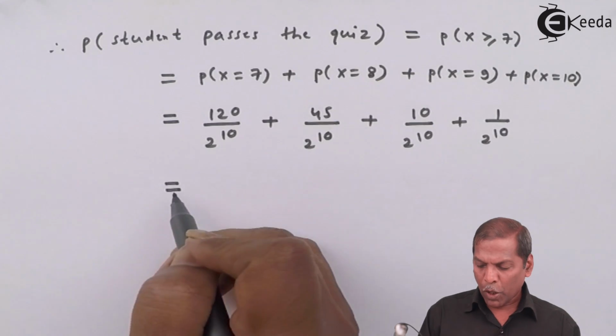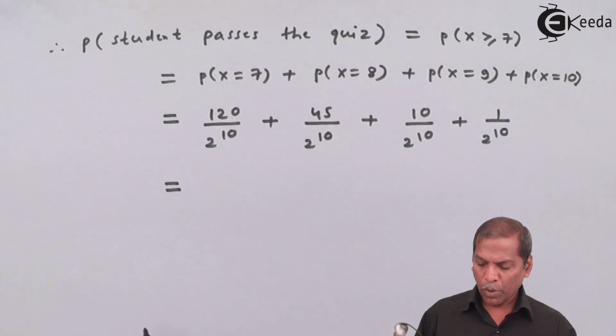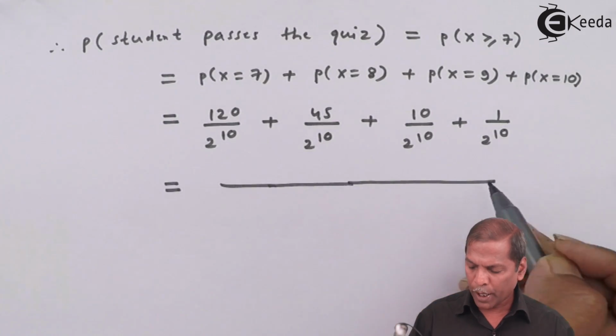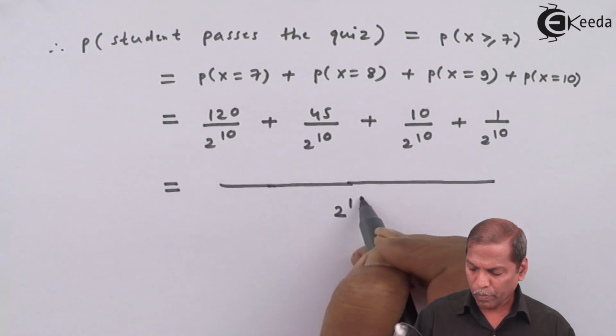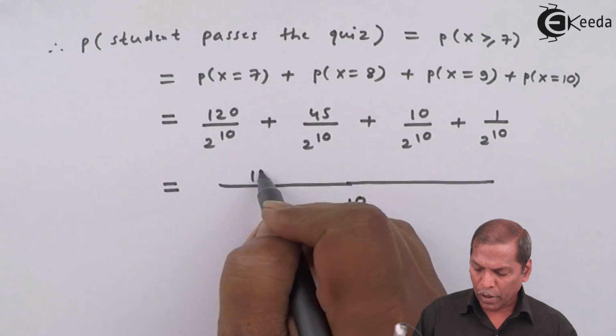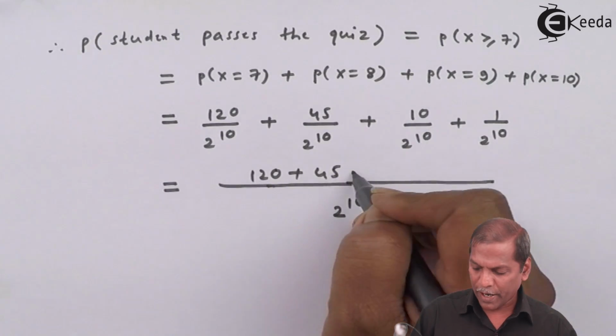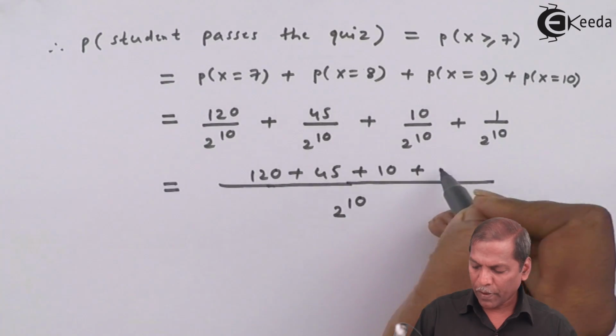Now here observe the denominator is the same, so we take the LCM as 2 raised 10. In the numerator we have 120 plus 45 plus 10 plus 1.